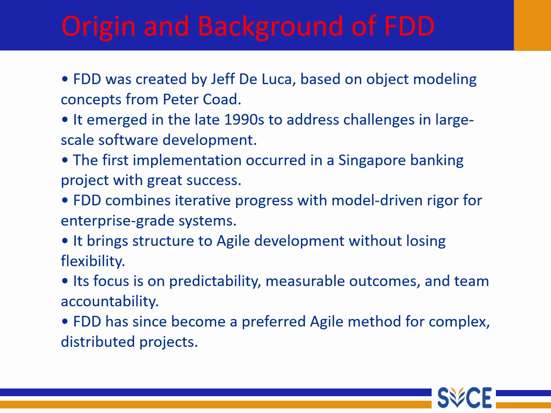This makes it perfect for enterprise grade systems that need both flexibility and discipline. It helps bring structure into agile development without losing its flexibility. Teams can still adapt to change but with a clear plan and measurable outcomes.